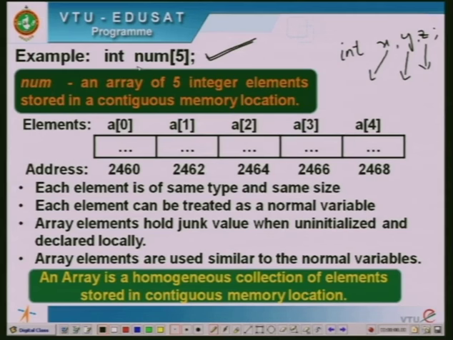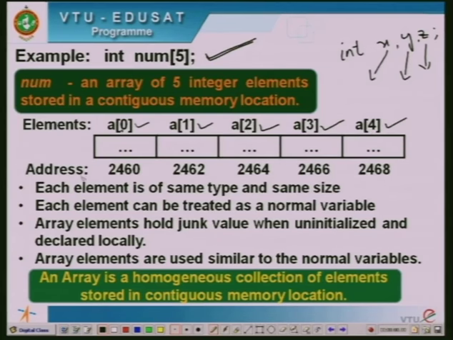Here a[0] is the first element, a[1] is the second element, a[2] is the third element, a[3] is the fourth element, and a[4] is the fifth element. Since we start the index from 0, we call this an index: here the index is 0, then 1, 2, 3, and 4.